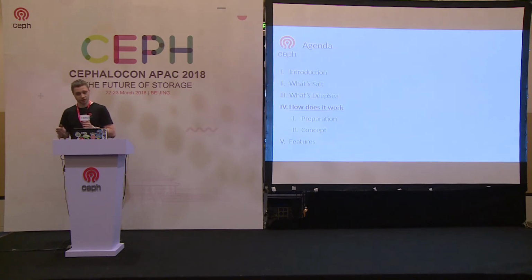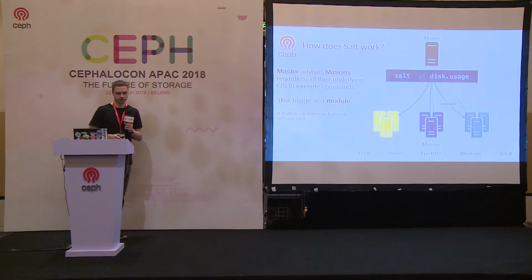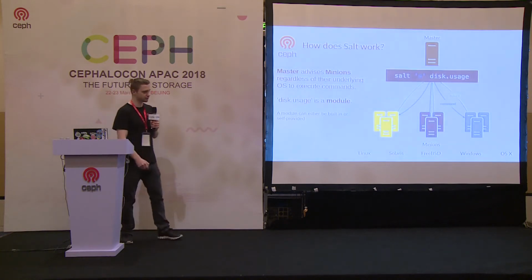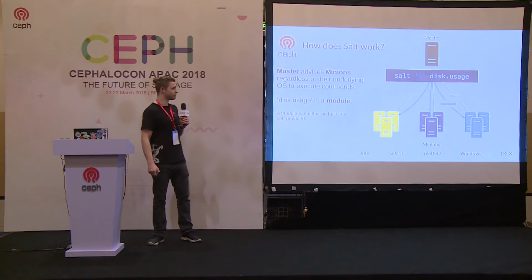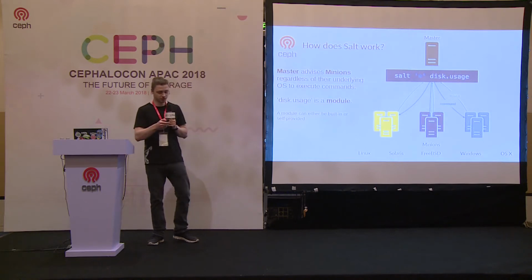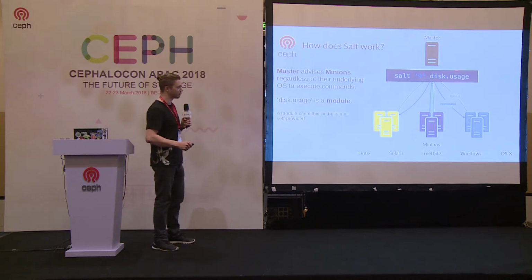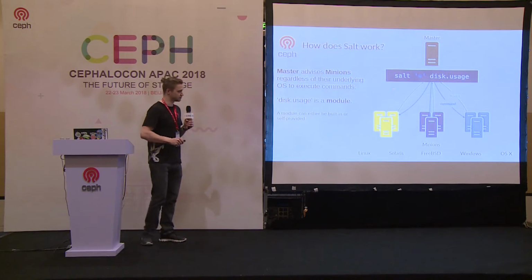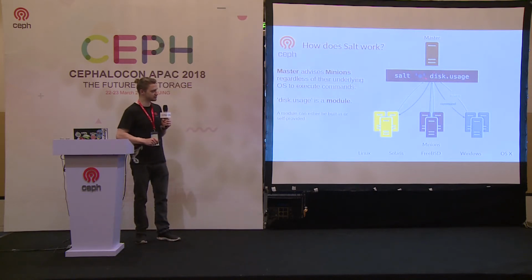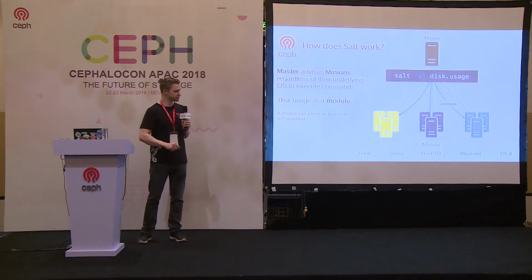So, how does it actually work? As I told you before, we have the minion and master architecture, and you can issue a command, for example this here. Let's demystify it: the asterisk says just target everything, and that's just the call that you make to the cluster. That's being issued by the master to the minions, and here you see it sends a command and the minion returns it.